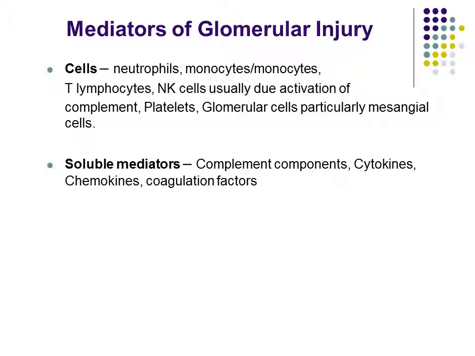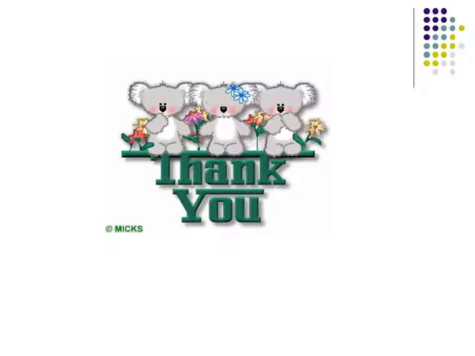Soluble mediators like complement components, cytokines, chemokines, and coagulation factors also play an important role in glomerular injury. So that was all about the basic pathogenesis of glomerular injury. In the second part of this lecture, we will learn glomerulonephritis even better with the help of some examples.